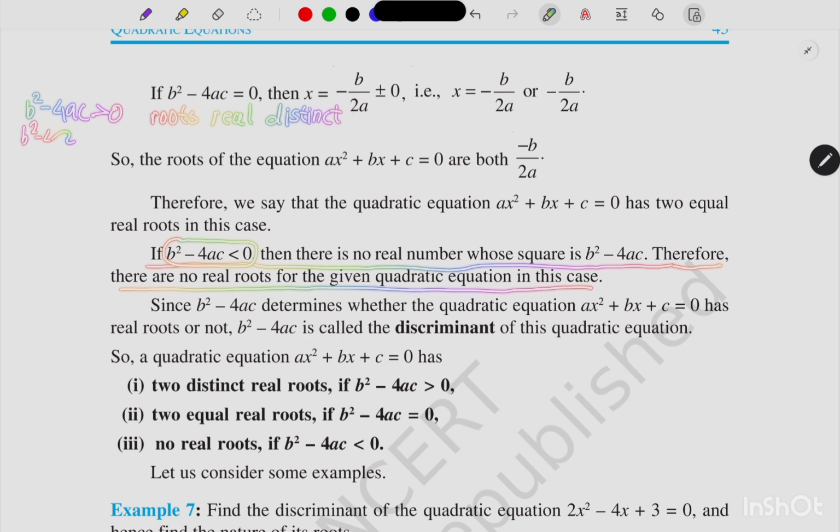If b square minus 4ac is equal to 0, roots are real, equal. If b square minus 4ac is lesser than 0, no real roots. There we go.